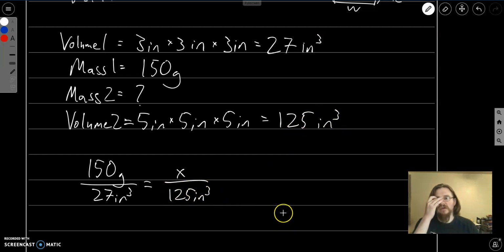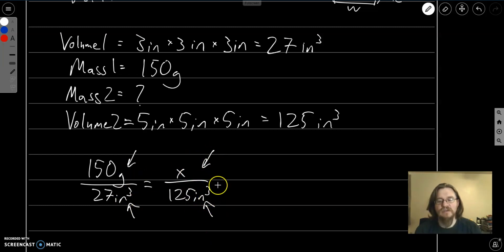One thing I want to point out is that it's very important, if we're taking ratios, that we take ratios of the same units. This is grams per inches cubed, so our answer is going to be grams per inches cubed. Everything matches. So our mass up here is going to be in grams because our inches cubed on the bottom match. So, how do I solve for x here?